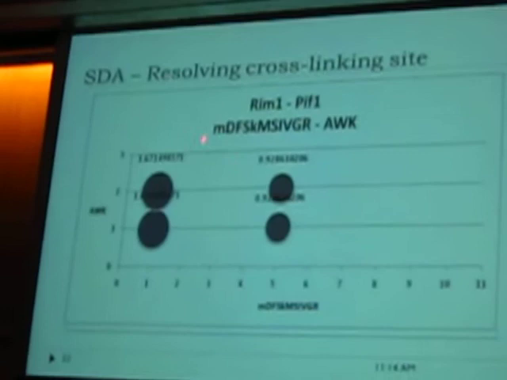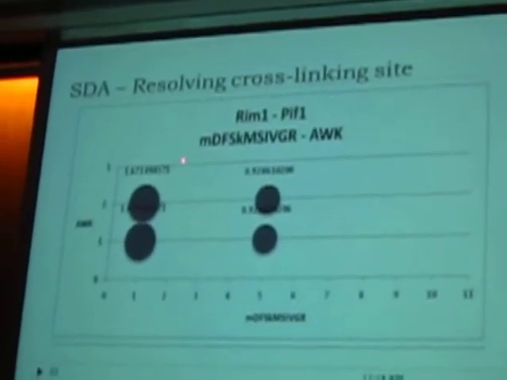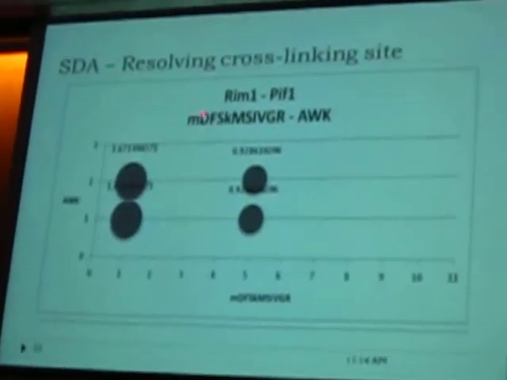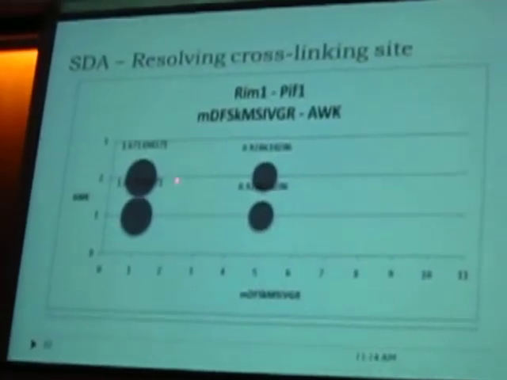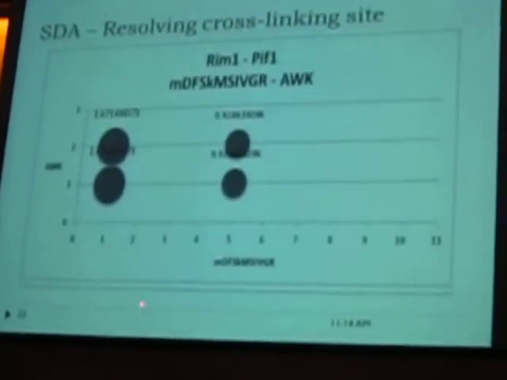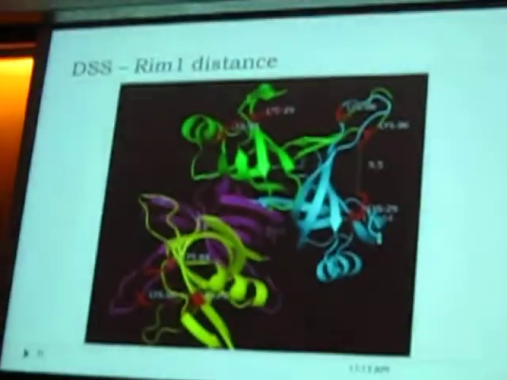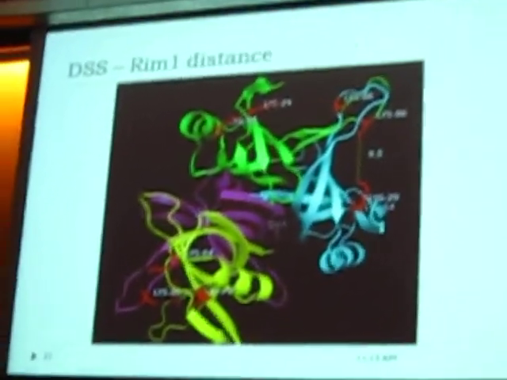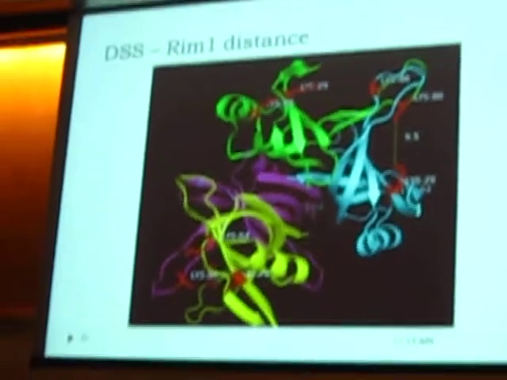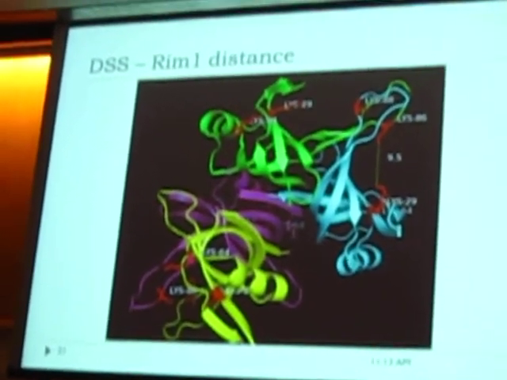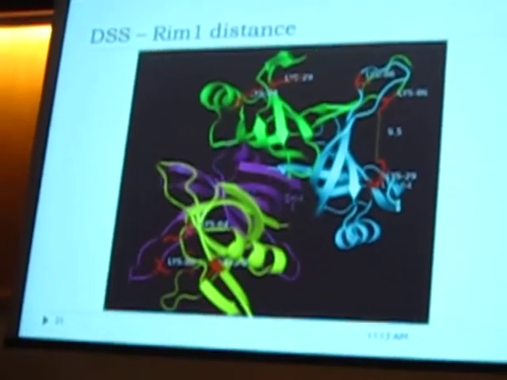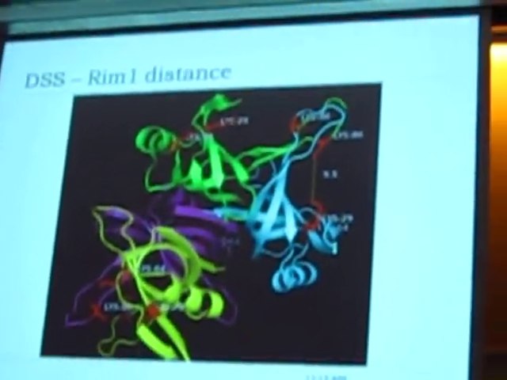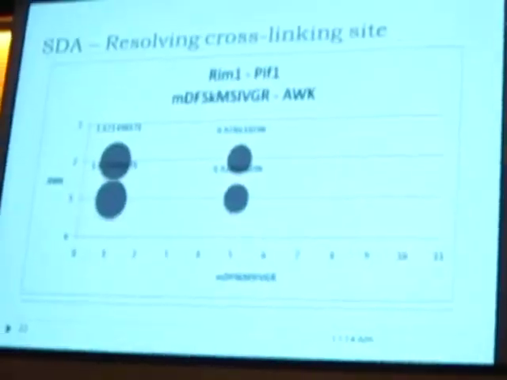It says that the N-terminal is more likely to react in cross-linking compared to the 5th amino acid, and that's correct, because in the structure the N-terminal is really pointing out. If we have a dimer and the N-terminal is pointing out between them, the N-terminal is available, and the 5th amino acid is really buried down within the interface of the dimer, so it's not available to interact with any other protein.